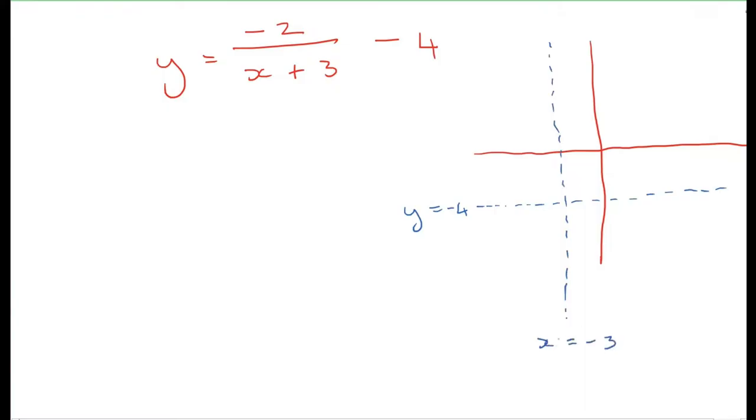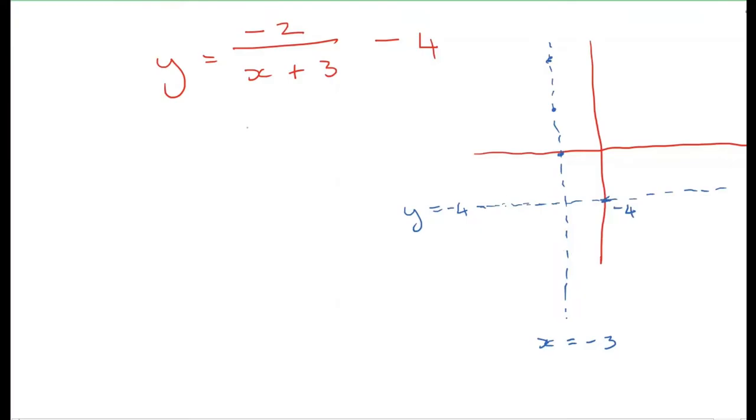Why is that the line x equals minus 3? Remember, there's no gradient here. The gradient is undefined. But what is the width of this line all the time? That x coordinate is minus 3, that x coordinate is minus 3, it's always minus 3. So the width is minus 3. Same thing with y equals minus 4: the height of this line is always minus 4, so we just say y is minus 4.